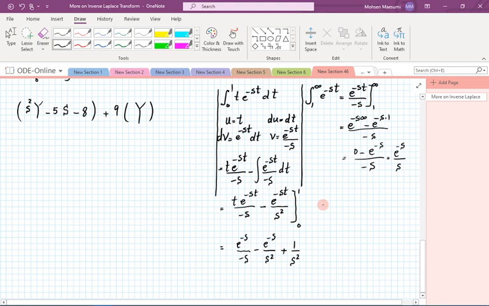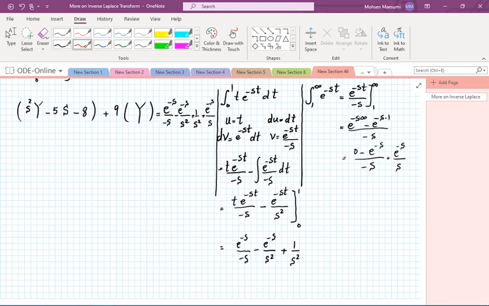Okay, so let's collect everything. This is one piece of the puzzle, that's another piece of the puzzle. So when I write this one, I'll have exponential of minus s over minus s, minus exponential of minus s over s squared, plus 1 over s squared, and then we have again this one, exponential of minus s over s.